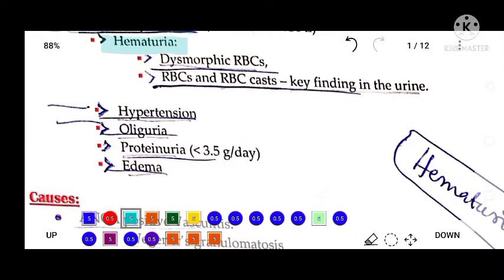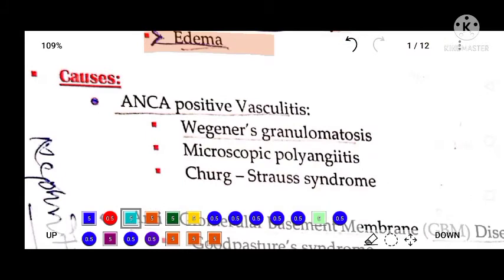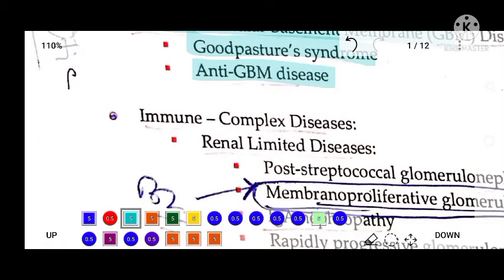Now, in nephritic syndrome, hematuria most commonly occurs, with dysmorphic RBCs in the urine, casts, hypertension, oliguria, proteinuria, and edema to the feet. Causes are ANCA positive vasculitis: Wegener's granulomatosis, microscopic polyangiitis, Churg-Strauss syndrome; anti-glomerular basement membrane disease, Goodpasture syndrome, anti-GBM disease.